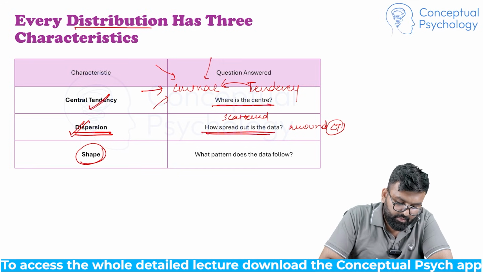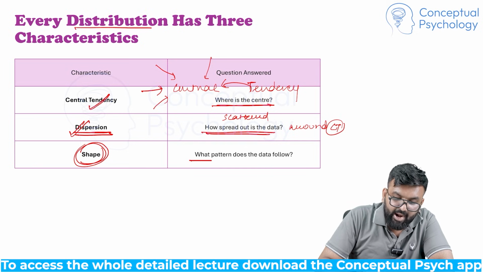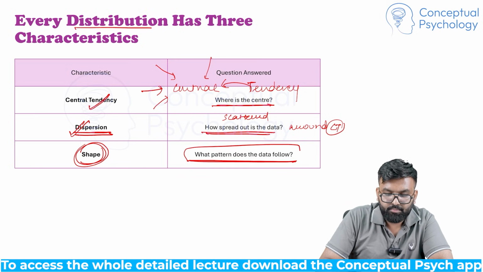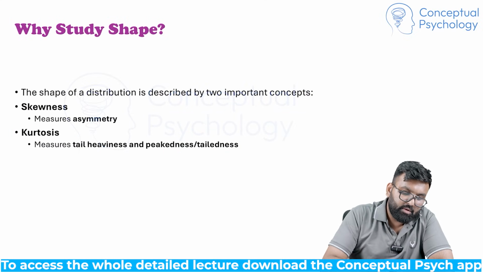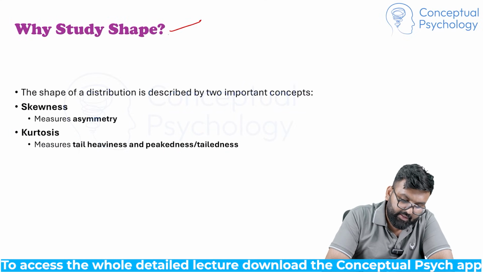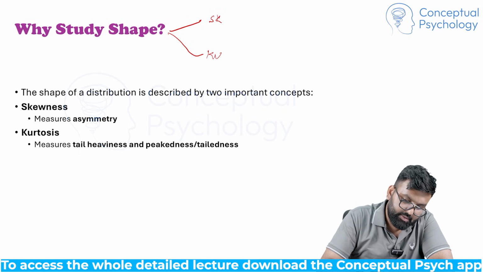Now shape. Every distribution has a shape. What pattern does the data follow? Data क्या pattern follow कर रहा है? So यहाँ पर two factors आते हैं, skewness and kurtosis.